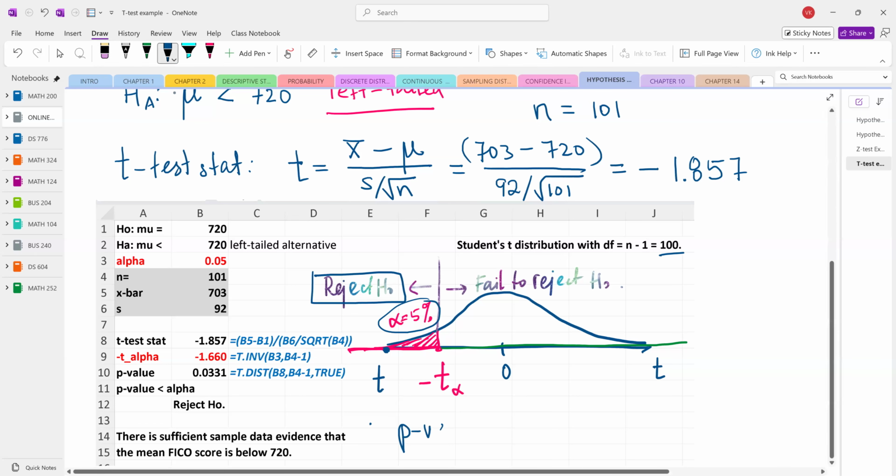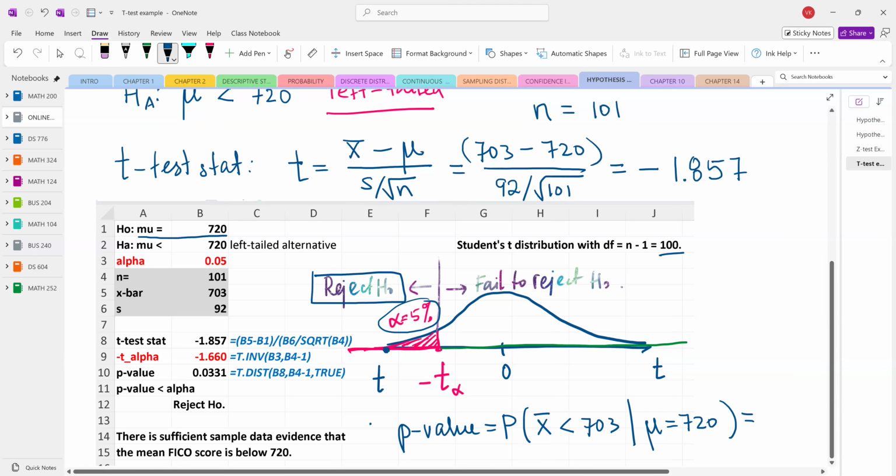If I state the p-value using probability notation, it means that we obtain the value of the test statistic, or the value of the sample mean, even more extreme, which means even less than 703, provided H0 is true. In other words, provided the true value of the mean is 720. So given 720 is the true population mean.